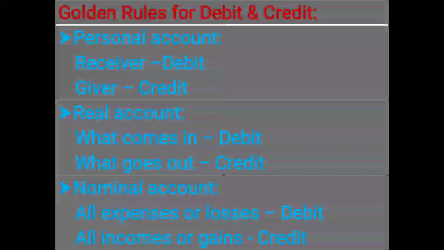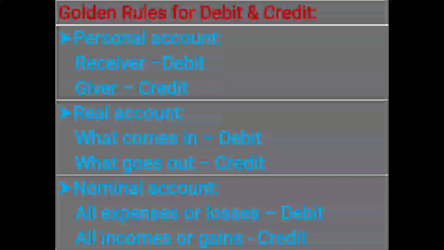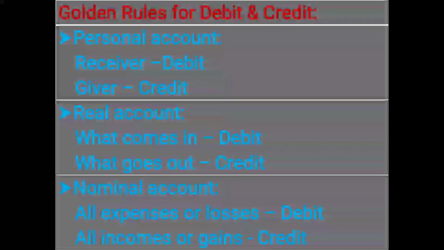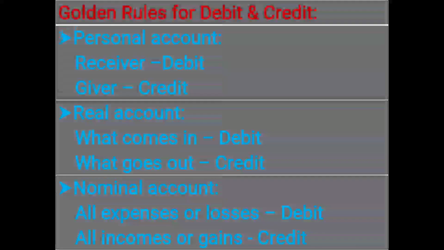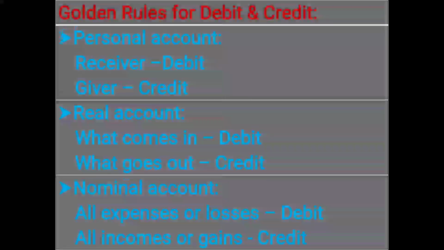For personal account, receiver is debit and giver is credit. For real account, what comes in, that is debit, what goes out, that is credit. For nominal account, all expenses or losses are debited and all incomes or gains or revenues are credited.